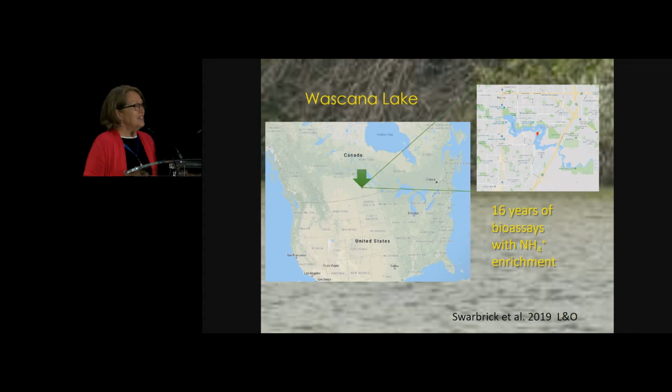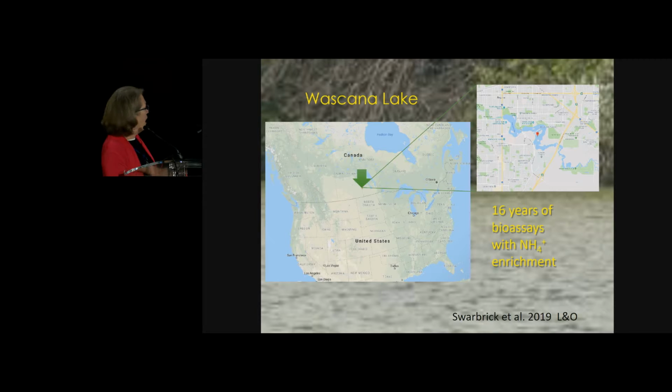So now I'd like to take the next few minutes to talk about a specific example where this has been shown in long-term data. This is work by Vanessa Swarbrick, which has just been published in L&O, and it's work that was conducted in the Qu'Appelle Lakes region of Canada.